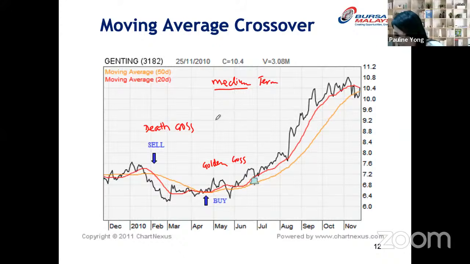Is there a way to determine when is the lowest price to buy? Ahmad, very good question. We are going to come to that indicator. It's called the RSI and the stochastic. It's another indicator. When there is a crossover, it will never be the lowest. Whenever you have a crossover, always remember, it's not the lowest.